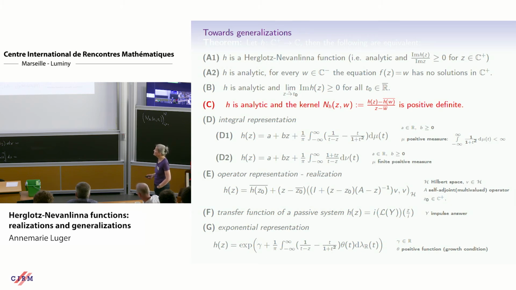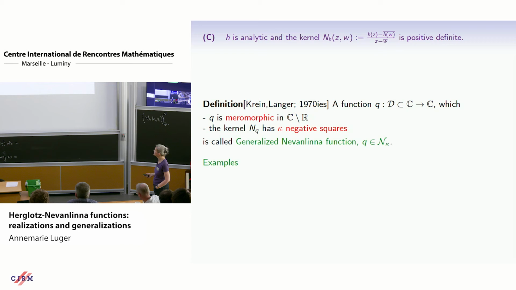So for Herglotz-Nevanlinna functions, this kernel is positive definite. So here we can make a generalization. This was done in the 70s by Krein and Langer. A function which is defined in some subset of the complex plane, complex valued, and it is meromorphic outside the real line. So there are possibly poles, but it turns out that there can be only finitely many.